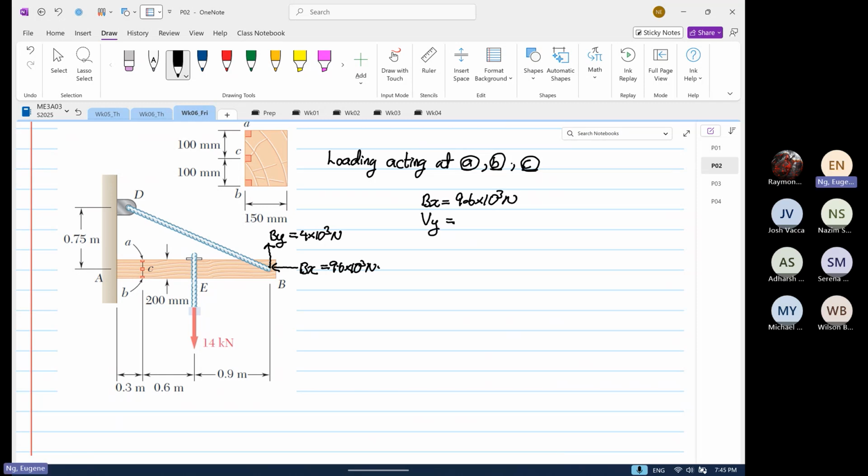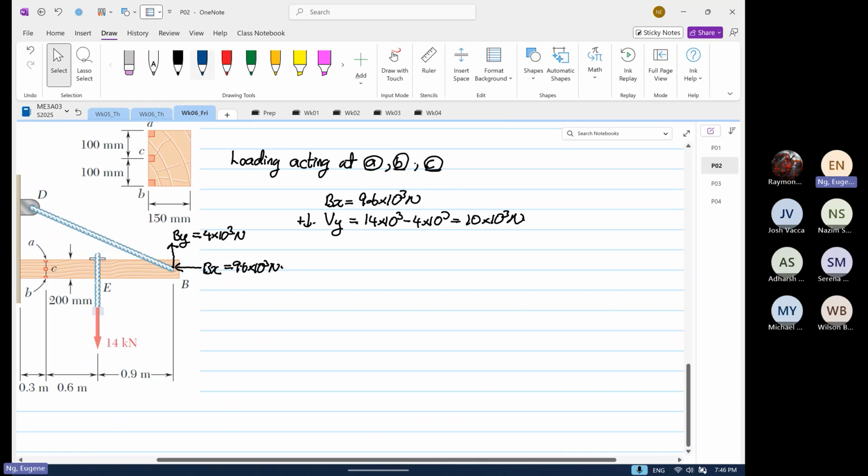So VY, for this case, I'm going to call positive that's coming down. It's equal to 14 times 10 to the power 3 minus 4 times 10 to the power 3, which is equal to 10 times 10 to the power 3 Newton. Now, we are not going to consider VY yet.